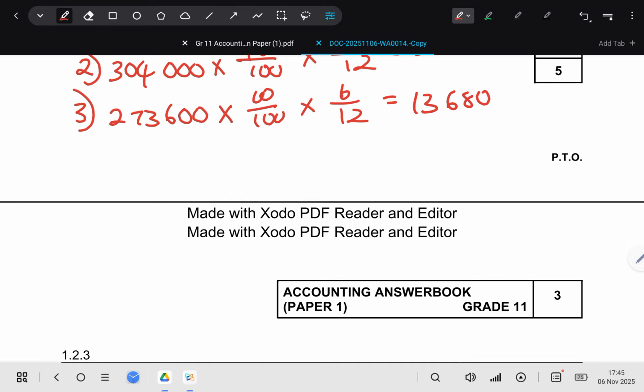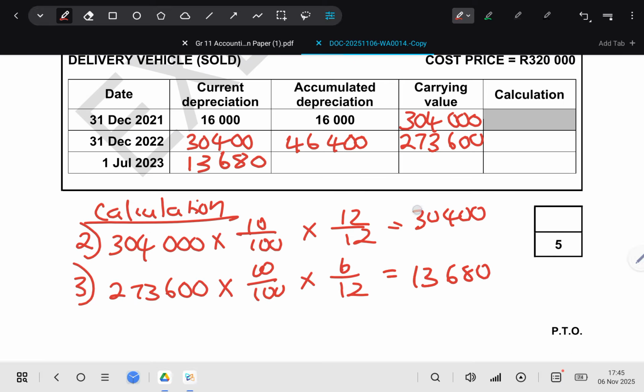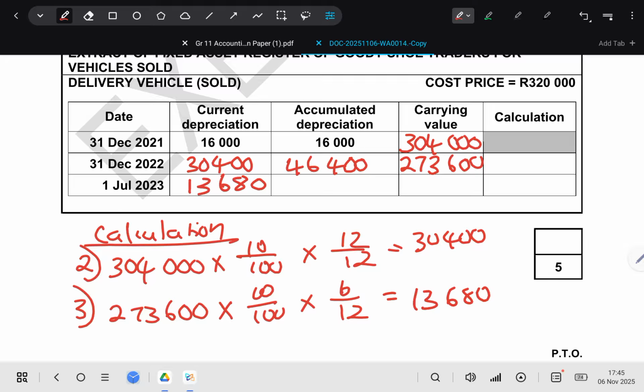Now from there, moving forward, we are going to get our accumulated depreciation. Now remember, 46,400 plus 13,680 gives us 60,008.